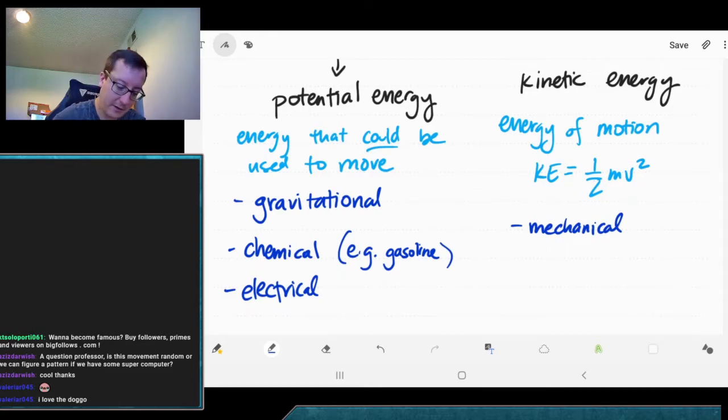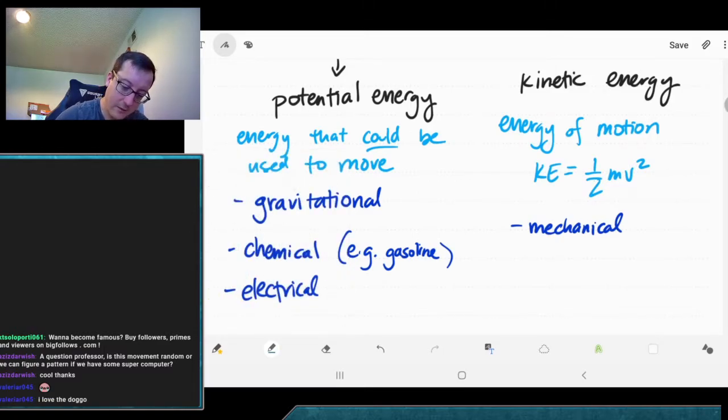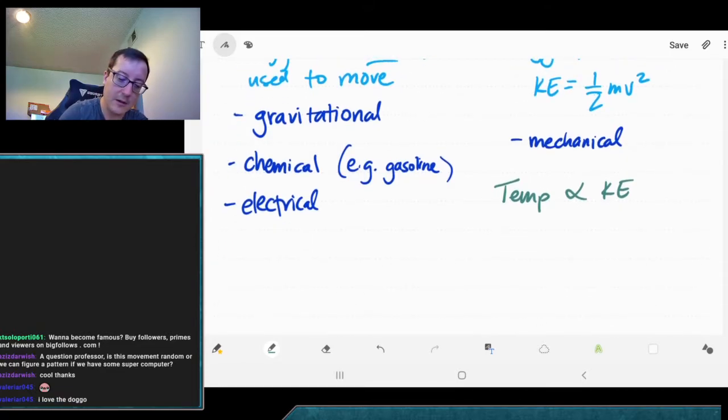All right, just so we know, formally speaking, we're going to see that when we talk about temperature, how hot something is, that is really talking about the kinetic energy of some substance. So the temperature is not really how hot something is. We're going to see later when we talk about heat, it'll be pretty different.